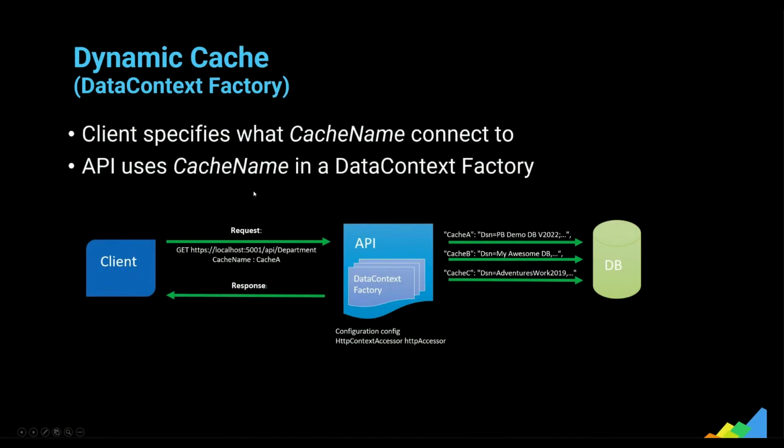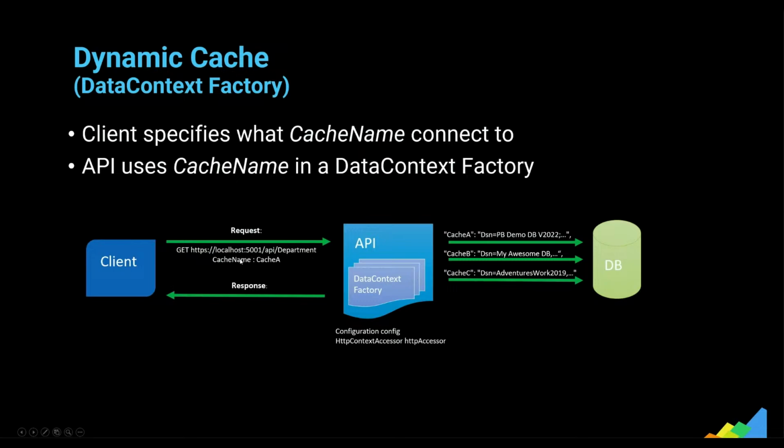On the other hand, it can be a desirable feature to have the API connect to different databases. Although SnapDevelop doesn't offer code generation of this type, you can achieve the expected functioning schema with very little code. So the scenario is the client sends the cache name to the server API as an argument in the header.